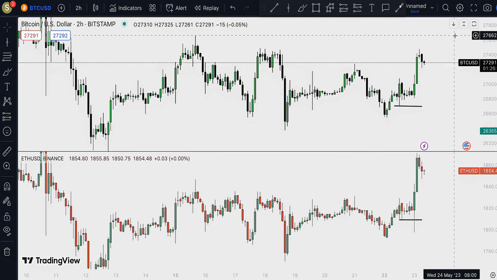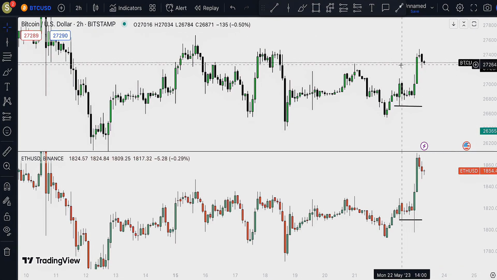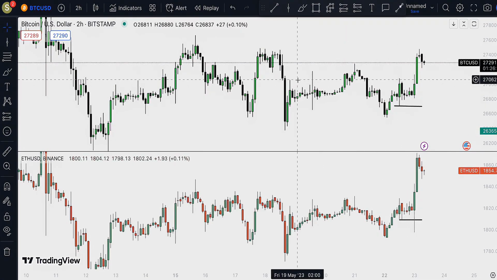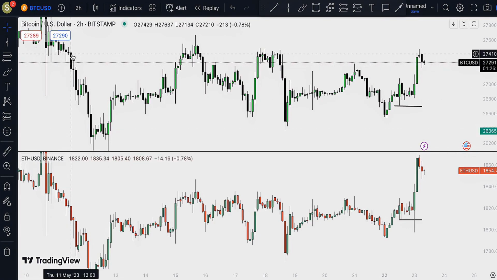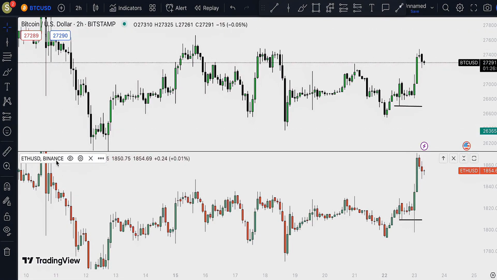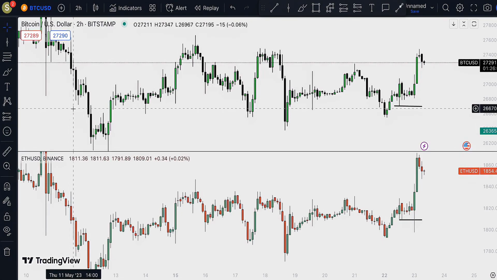So in the SMT trading strategy, what we do is we compare two correlated or inversely related pairs, okay? Like you can see in this example, I'm comparing Bitcoin and Ethereum. So you can compare Bitcoin with ES, or you can compare Bitcoin with gold or ES with gold.